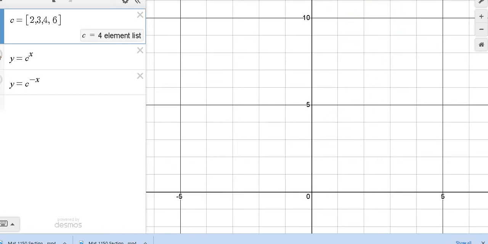Now, these are all numbers that are greater than 1. What if I had something less than 1 as my base? So what if I did, say, 1/2 to the x power?